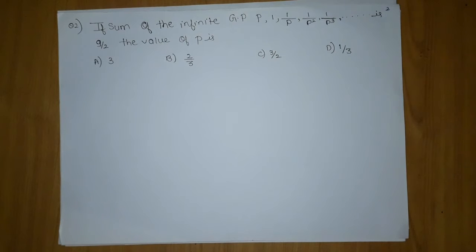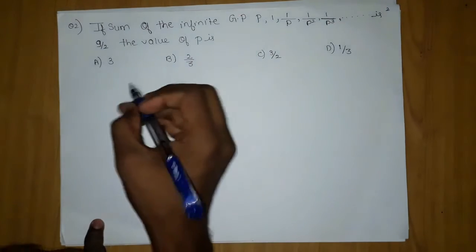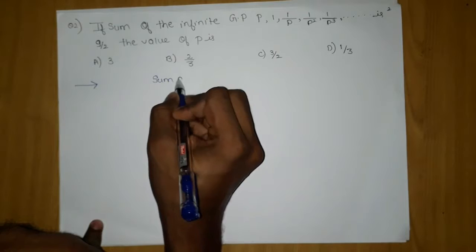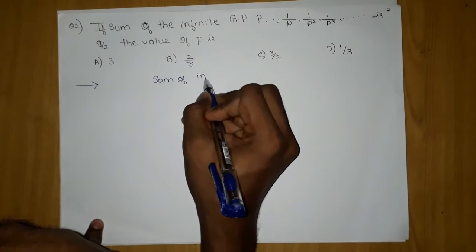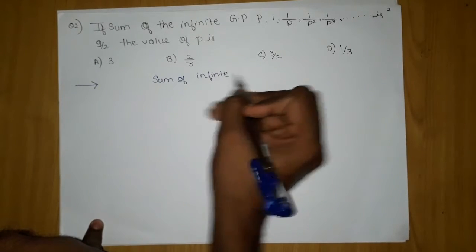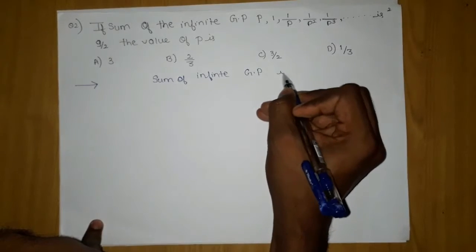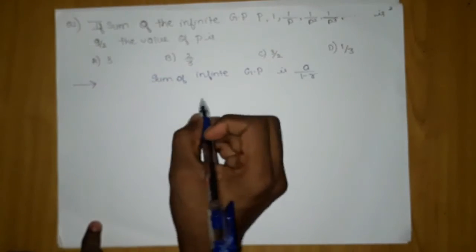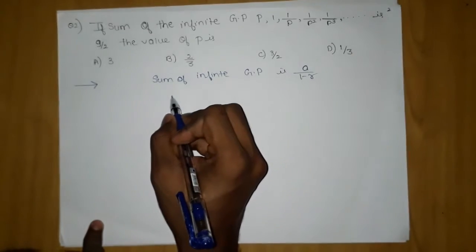Now it is very clearly they are asking a GP sum, again they are asking the p value. So we can go with the general formula. The sum of an infinite GP is a upon 1 minus r. Do I know the sum?